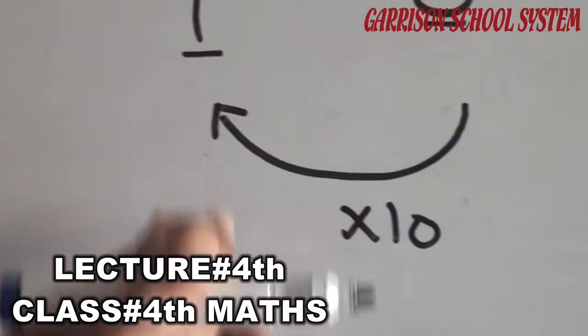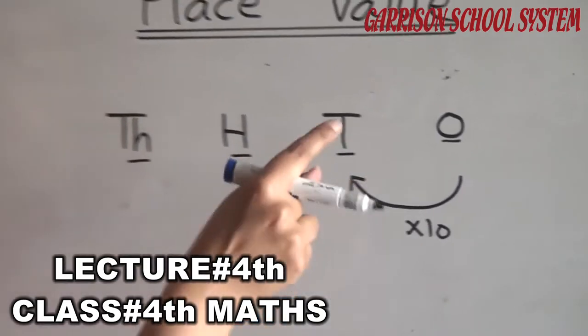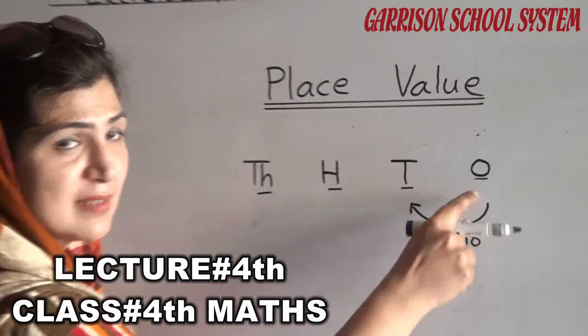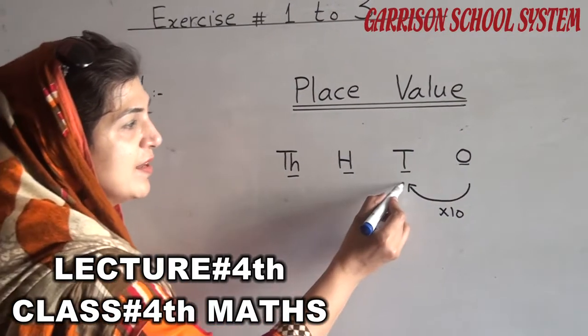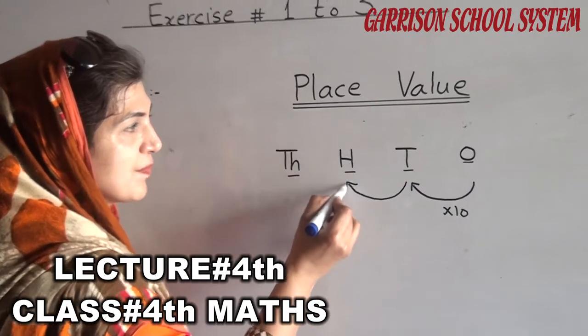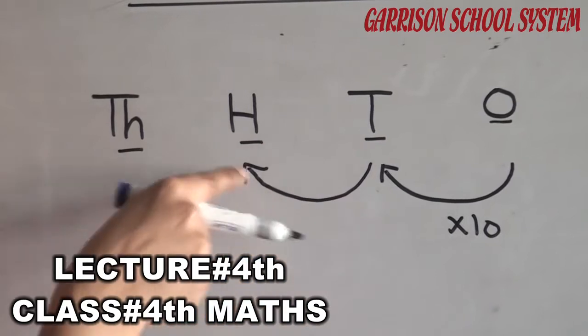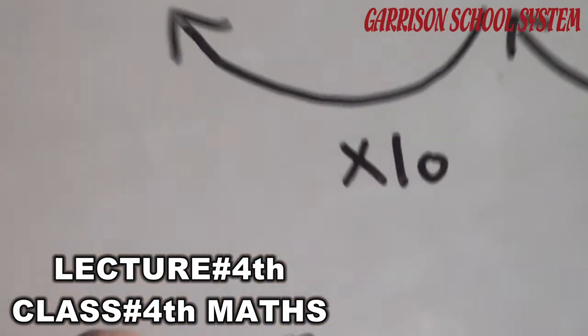It means a digit written in the tens place is 10 times the digit written in the ones place. Similarly, when I move from the tens place to the 100 place, the digit again gets multiplied by 10.